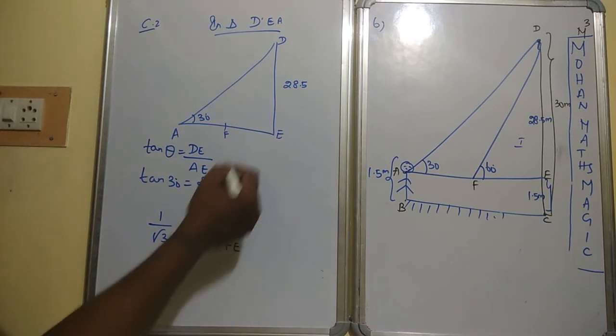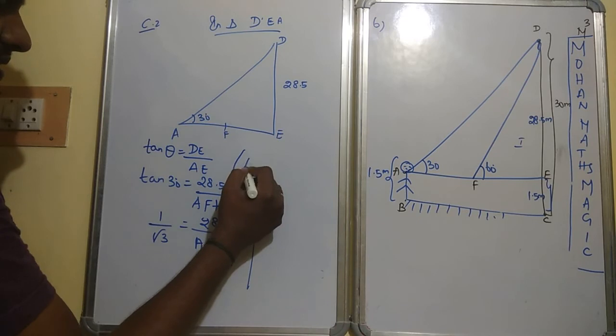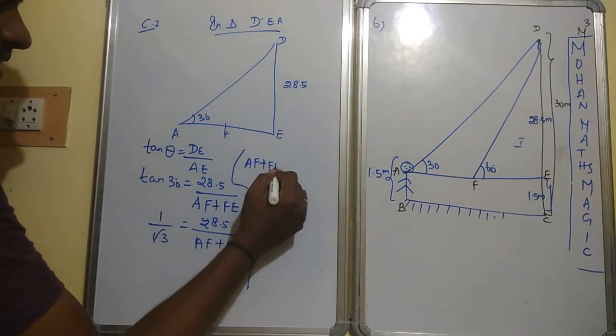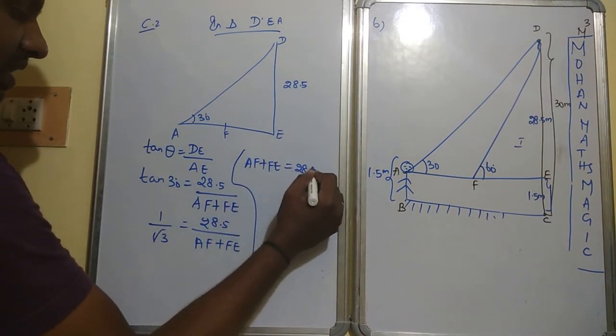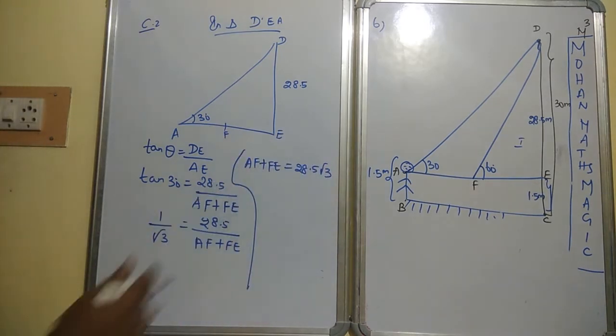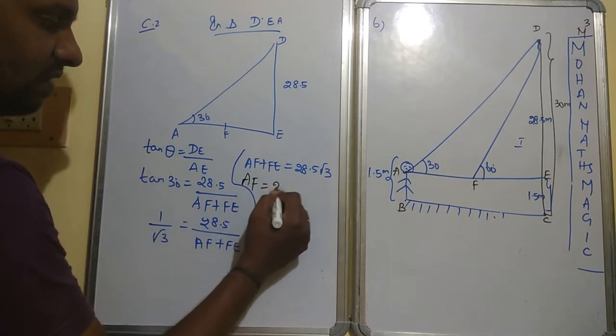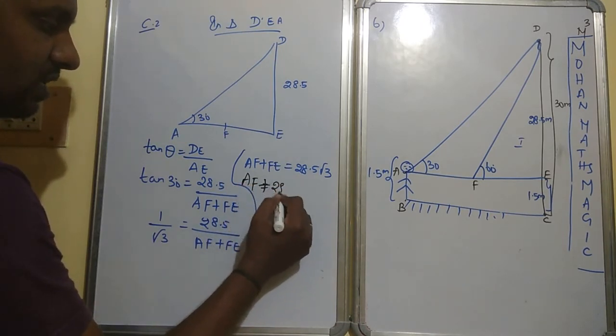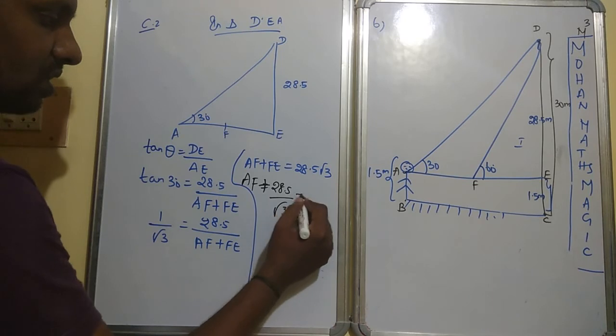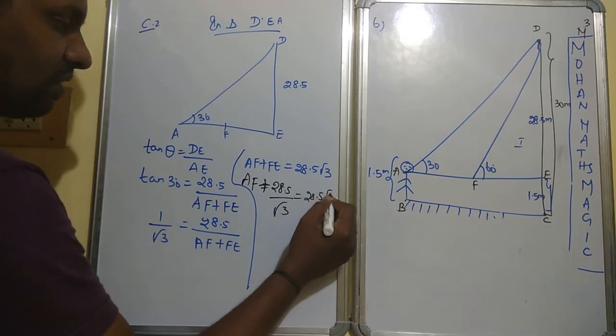If you cross multiply, you will get AF plus FE equal to 28.5 root 3. Now you can apply the remaining FE value. Now I found the value. So AF equals 28.5 root 3 minus FE, which is 28.5 upon root 3.